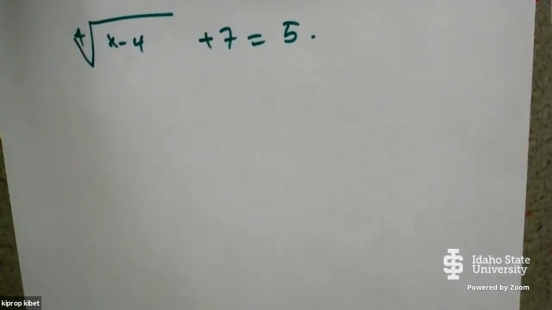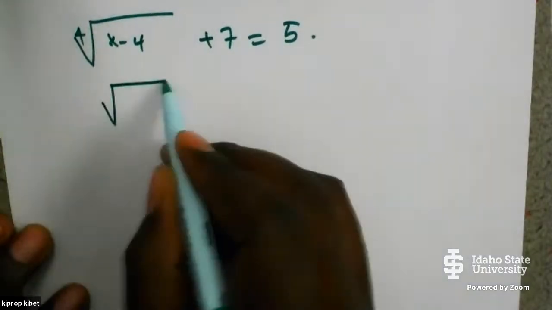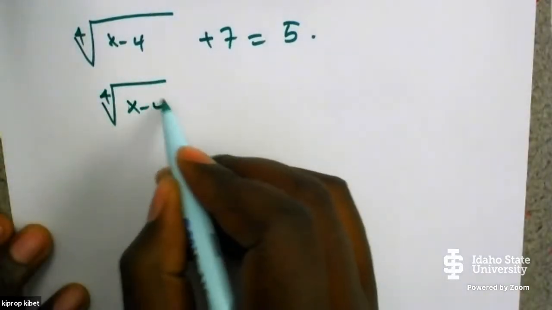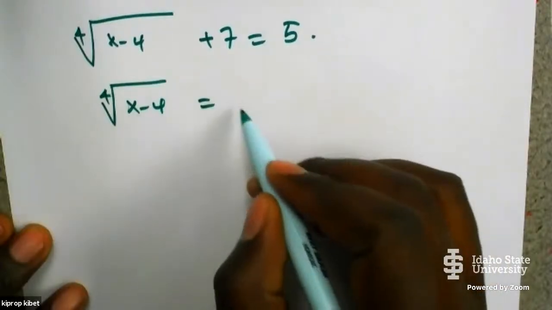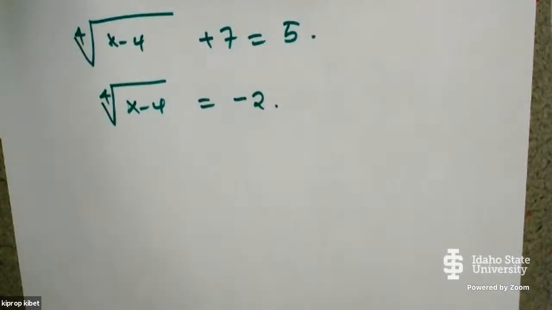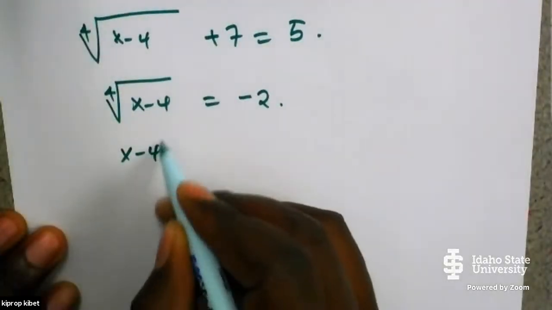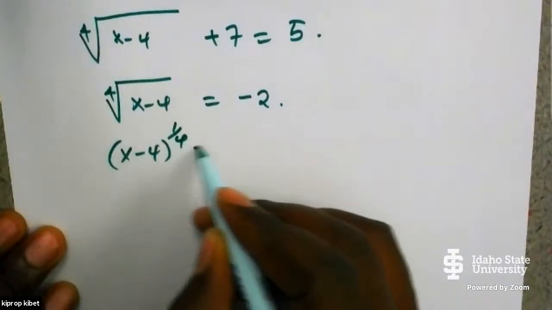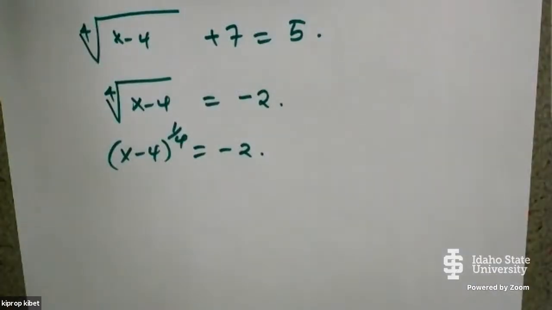So step number 1, subtract 7 from both sides. So the fourth root of x minus 4 equals minus 2. This is similar to x minus 4 raised to 1 over 4 equals negative 2.